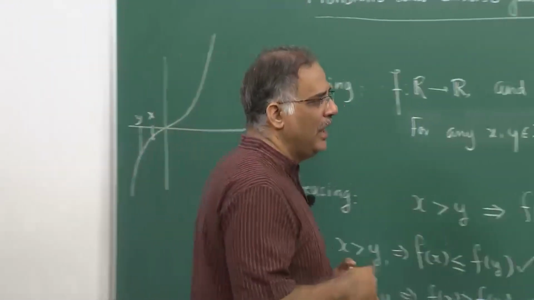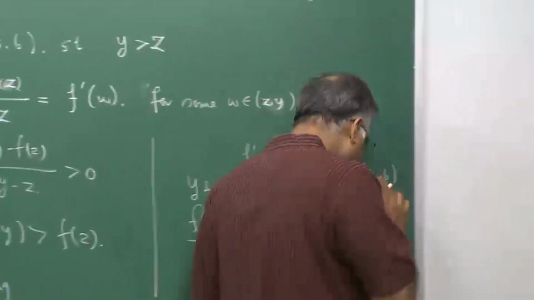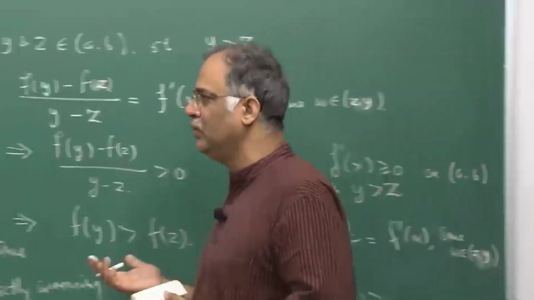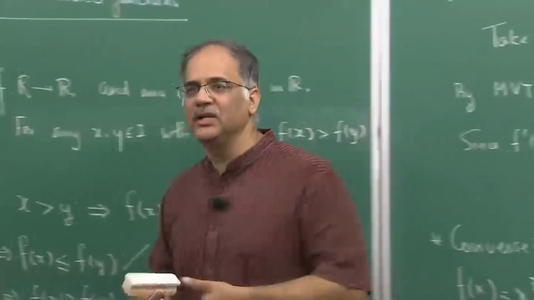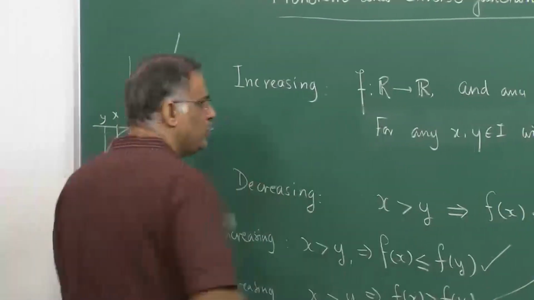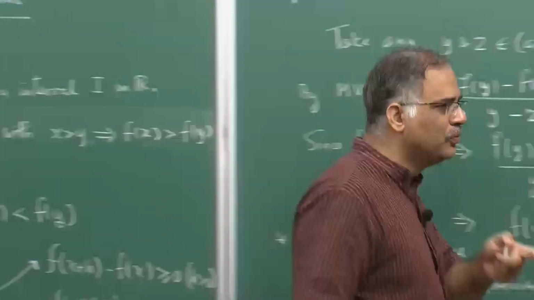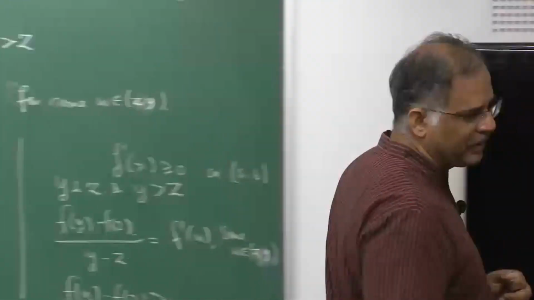That has to be determined by the sign of the second derivative. Many of you who have already done calculus in high school would definitely know that fact. But we are now going to use again what we have just learned to prove this simple fact.